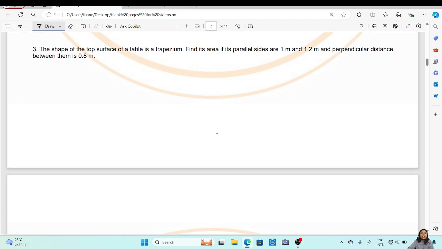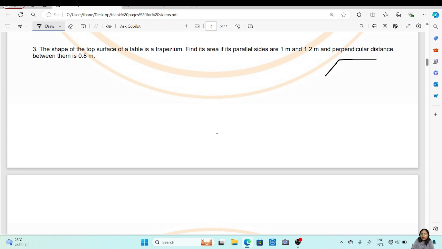Now see here. The shape of the top surface of a table is trapezium. Find its area if its parallel sides are 1 meter and 1.2 meter and the perpendicular distance between them is 0.8 meter.